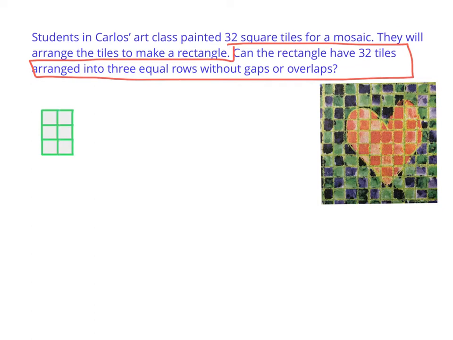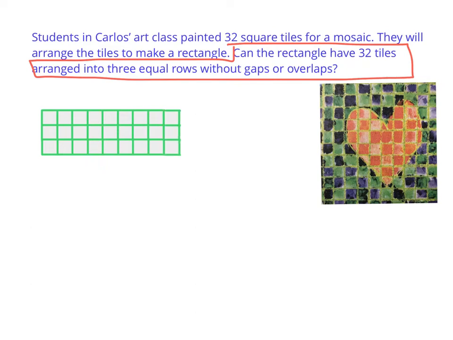Then we have 6, 9, 12, 15, 18, 21, 24, 27, 30, 31, and 32. So that's our 32 square tiles, and as you can see, it is not a rectangle.